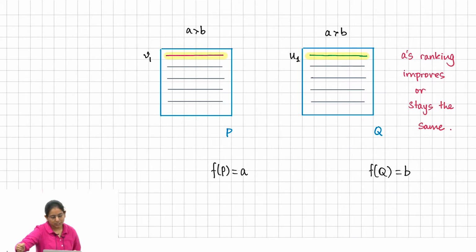Because she likes A better than B in this profile. And what can she do? Does she have an opportunity to deviate in this picture? Right, if she goes back to the profile P, then she can extract the outcome A from the mechanism, which is actually a preferred outcome, right?